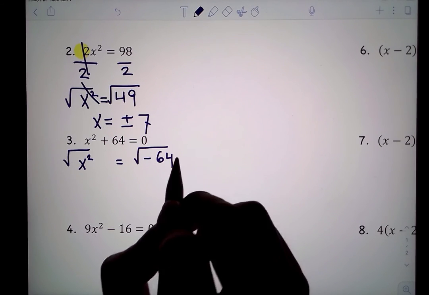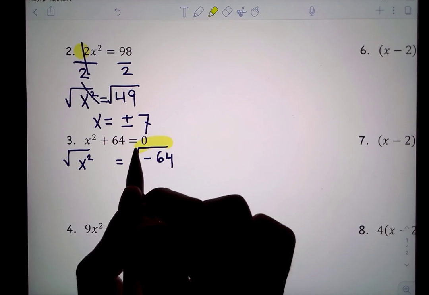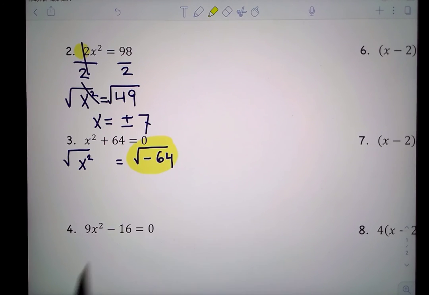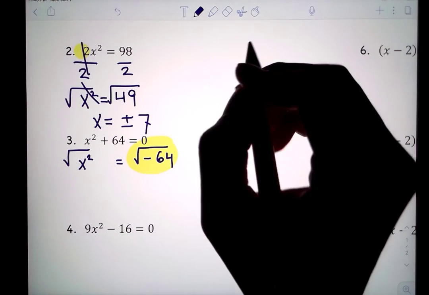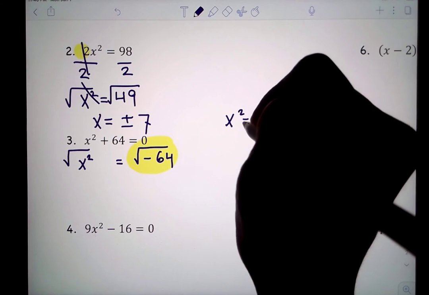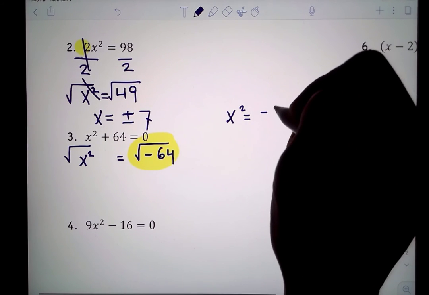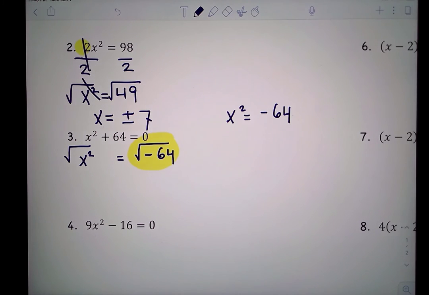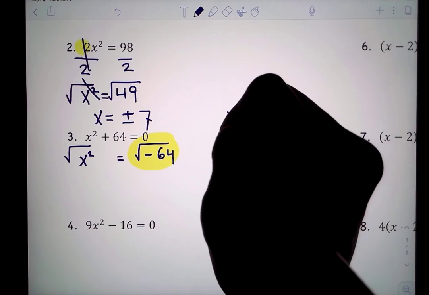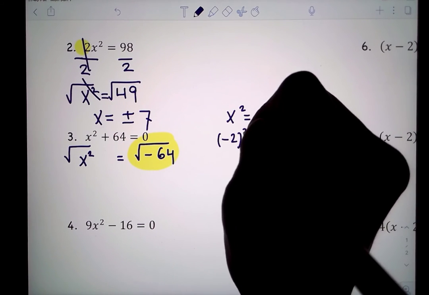But guys, look at this one. Is this possible? In the square root, you cannot have a negative number, because that means you're looking for a number where you square that and you get a negative number. That's not possible, because even if you square a negative number, what?